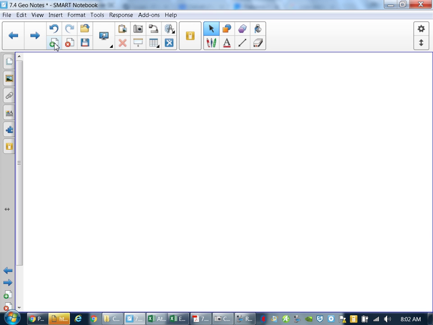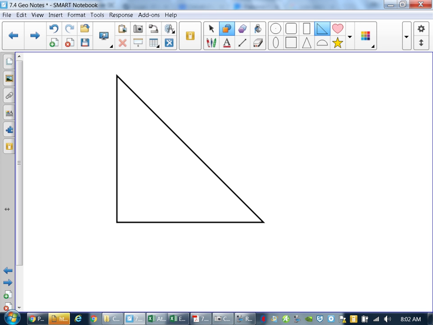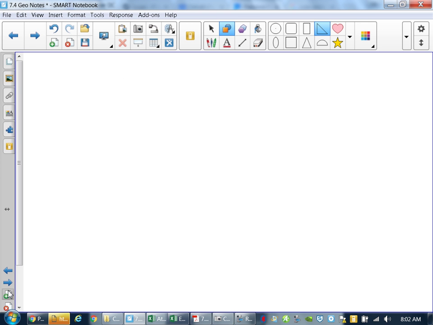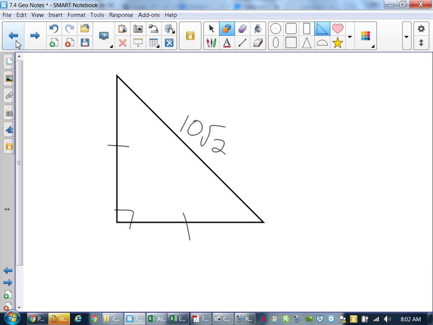Now, what becomes a little weird is this. Let me show you this 2 different ways. Now, again, we have an isosceles right triangle.